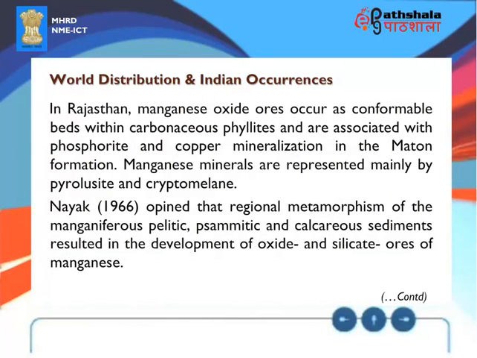In Rajasthan, manganese oxide ores occur as conformable beds within carbonaceous phyllites and are associated with phosphorite and copper mineralization in the Matoon Formation. Manganese minerals are represented mainly by pyrolusite and cryptomelane. Nayak 1966 opined that regional metamorphism of the manganiferous pelitic, psammitic, and calcareous sediments resulted in the development of oxide and silicate ores of manganese.